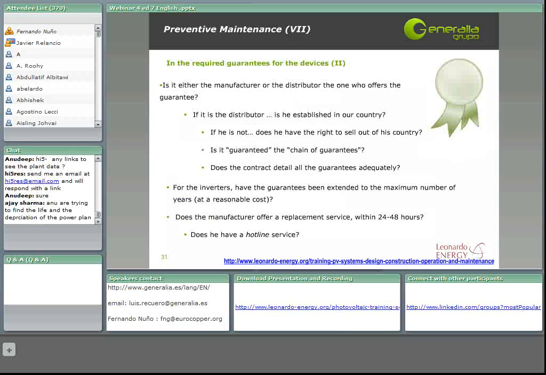But if he is not installed in our country, then we have to verify that he has the right to sell to our country and that all the chain of guarantees is guaranteed in the contract. We have to take into account that verbal guarantees are not enough, and it is really important to check that all the guarantees are well detailed in the contract that we sign with the manufacturer.